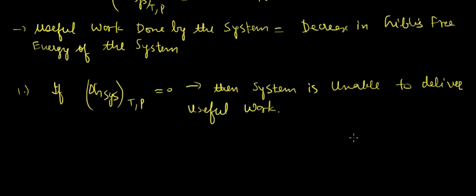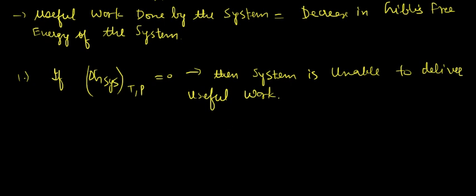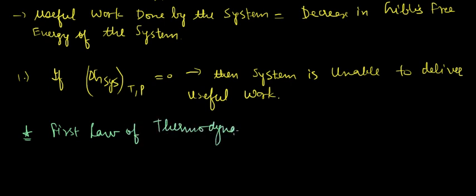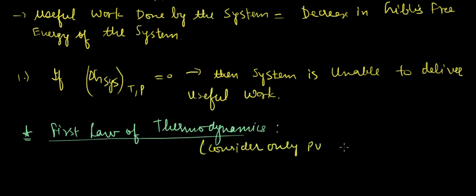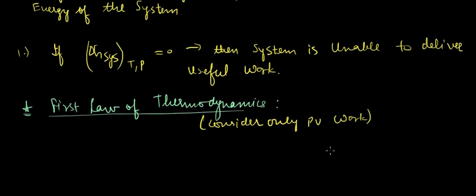Okay, now let's see some of the results. So from the first law of thermodynamics, we can write, considering here only PV work, that dU would be equal to dq plus d of W_PV.